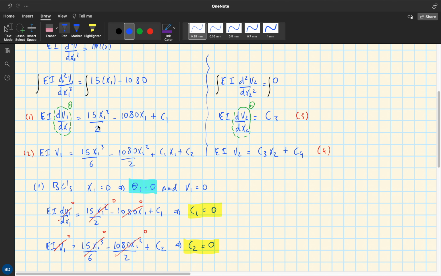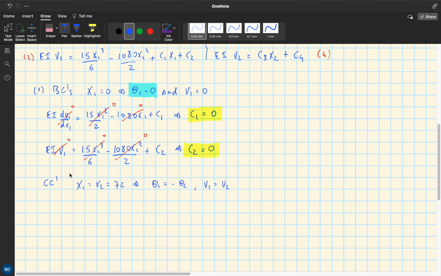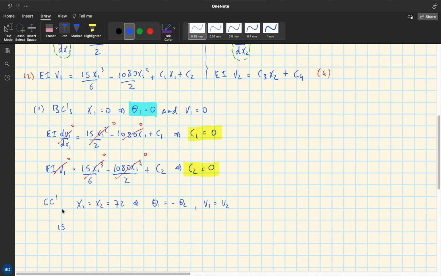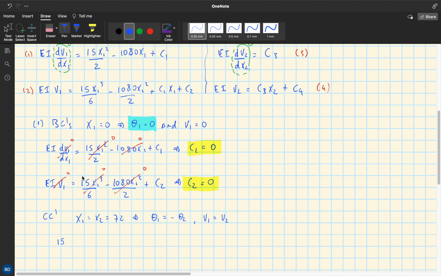So let's start with the first ones. For equation 1, we have 15 x1 squared over 2 minus 1080 x1. C1 is going to be 0, so we ignore it, and then we have it equal to the third equation, which means C3.